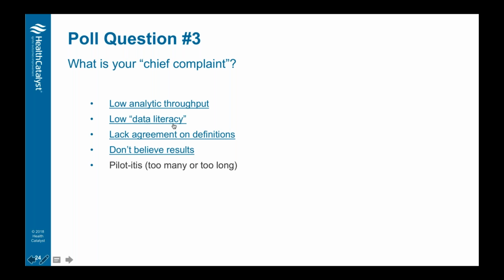The data literacy, again, is not running away from statistics and machine learning techniques, but actually embracing them to help us understand sooner rather than later whether things are working or in what direction they're going. The lack of agreement on definitions can also help us with pilotitis, because often pilots start because people disagree about the perfect patient or member subpopulation.